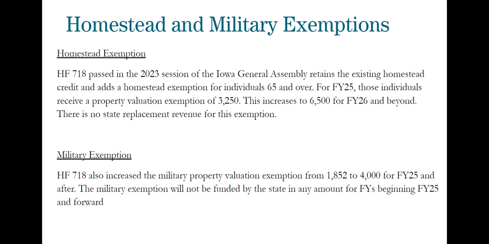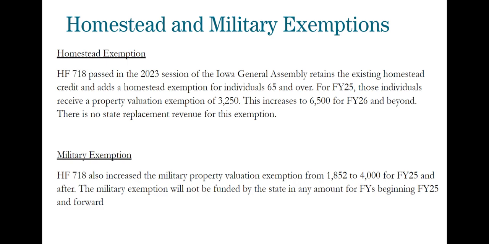One new program and one change to an existing program would impact your fiscal year 25 budget. There has been for a number of years a homestead credit available to homeowners. House File 718, which passed during this last legislative session, also added a homestead exemption for individuals 65 and over. And as assessors, I'm sure you're familiar with it, because those claims, those applications, go through your office.